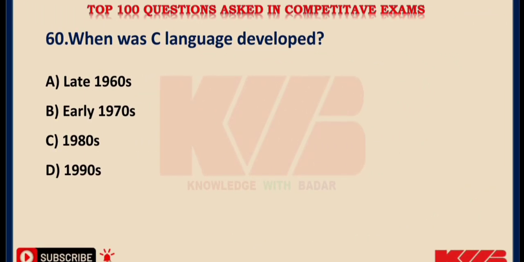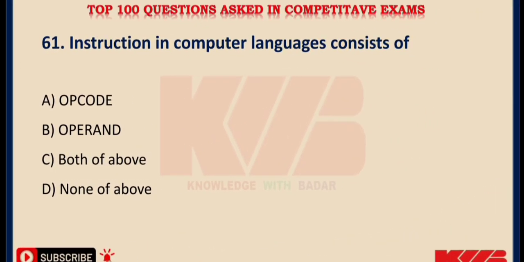The next question. When was C language developed? Late 1960s, early 1970s, 1980s, or in 1990s? And yes, C language was developed in early 1970s. Instruction in computer languages consist of opcode, operand, both of above, none of the above.